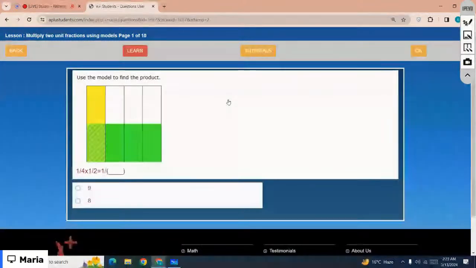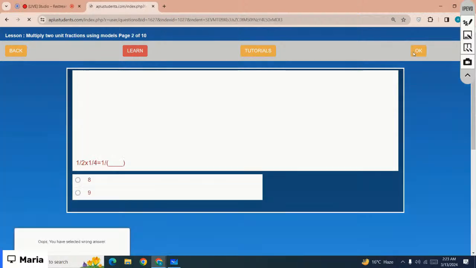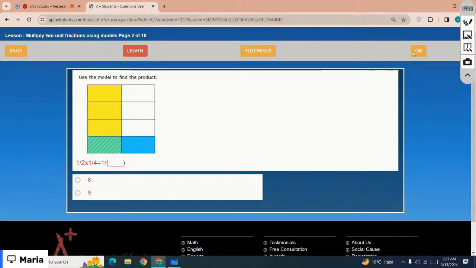So which is the correct option? Yes, you have only one portion that has both the colors, right? So that will be 1 out of 8. Option number 8 is the missing one, right? 1 out of 8 is the correct option. Use the model to find the product. 1 by 2 times 1 by 4.